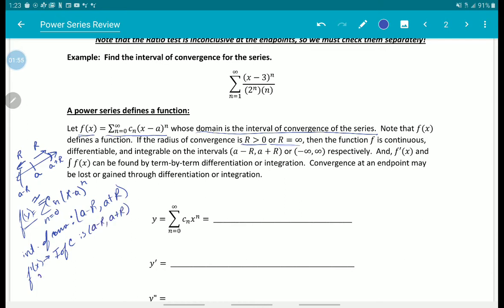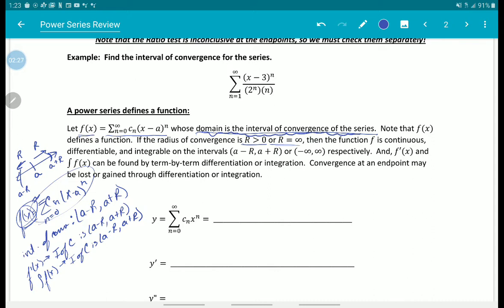And in fact, if we were to integrate f of x, going back to that original series, then the interval of convergence would be the same as well. That goes back to the idea that those domains all have to match. If we were to take a derivative or integrate a function, we want it to match with the domain of f of x, and that domain in this case would be that interval of convergence.